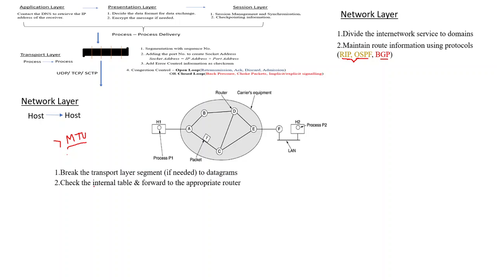And also, every router will check its internal table where it maintains the route information, and it will forward to the appropriate router. So it moves from machine to machine in this system.